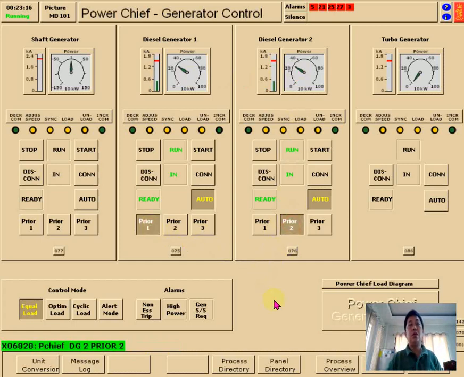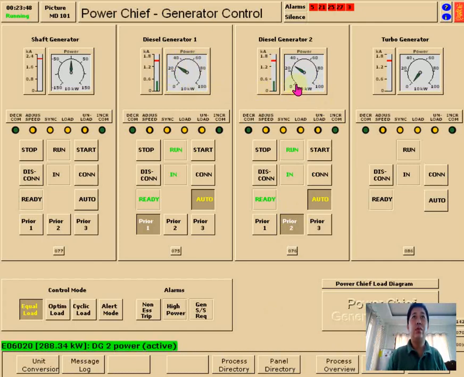In this condition, if we transfer the load in here, we will reduce the load. Because we put in priority 2, it will decrease to 0, and this one will go up in load.